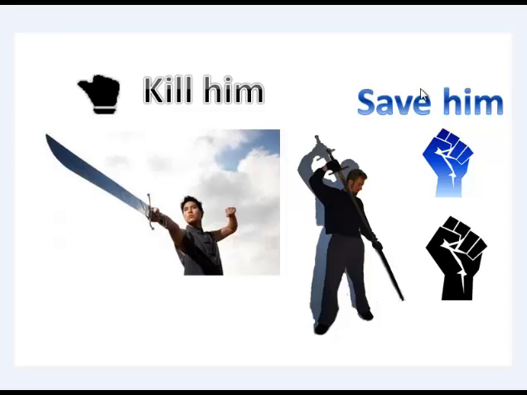while the other gesture. If you see here the other picture, there is a man who is putting the sword into the sheath. And in this case, the gesture for this was just a fist with the thumb closed and pushed on the fist.